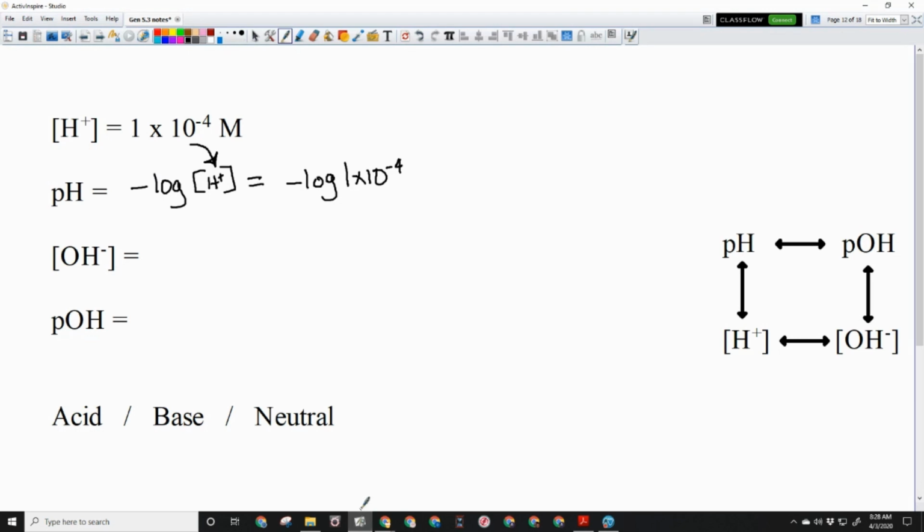Okay, so we go back and we say the pH here is 4. Now we can answer this question here, because to decide if something is an acid, a base, or if it's neutral, we look at the pH. Okay, not the other values, but the pH. So this is pH 4.